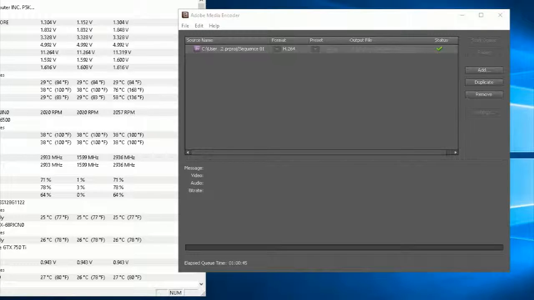And I'm back. So, yeah, as you can see, the render time is less than half, and the temperature has remained at 38 degrees Celsius right the way through, or centigrade, whatever you want to say, right the way through the whole job.